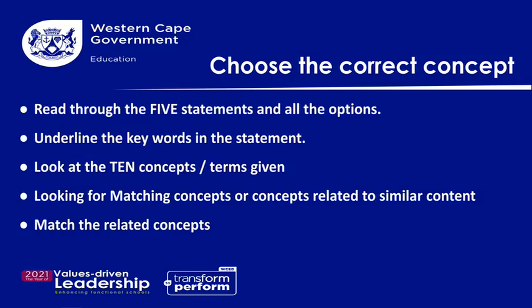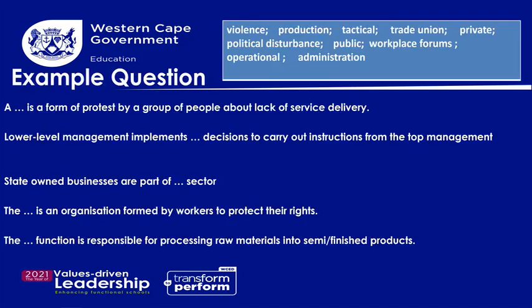Now I've got an example question there. You can see there are 10 specific words or concepts at the top there, and then there are 5 questions. Now once again, the first one says A, what is a form of protest by a group of people about lack of service delivery.